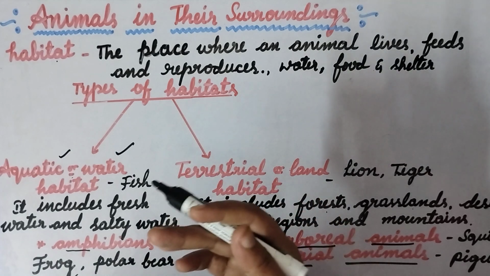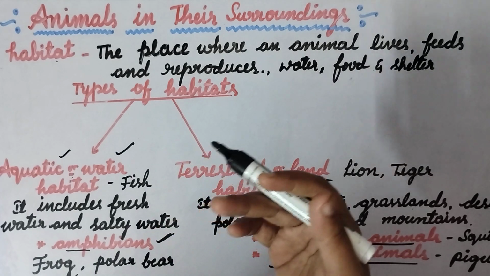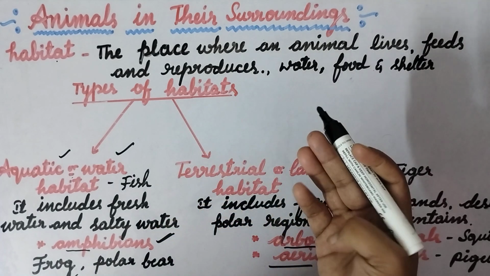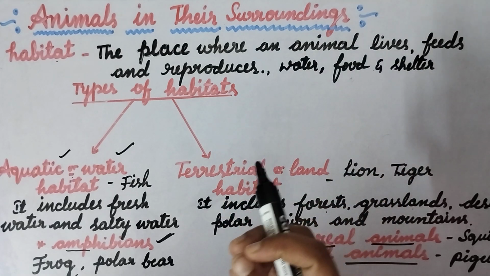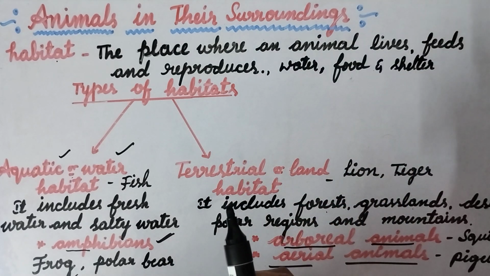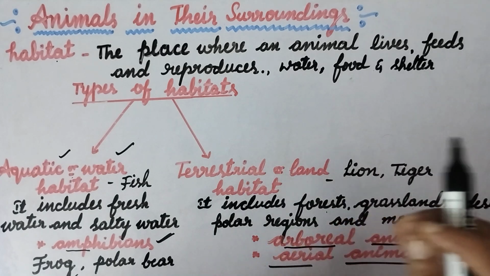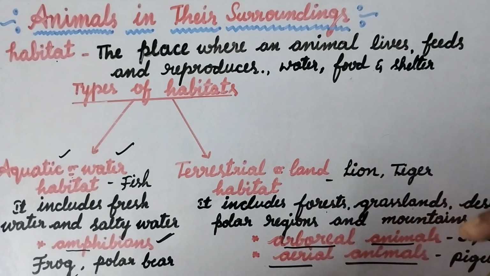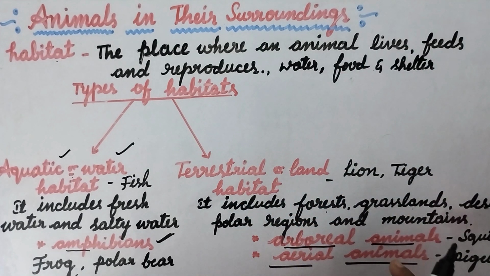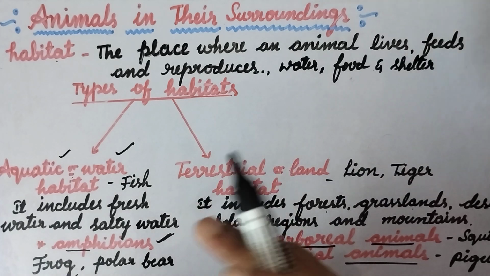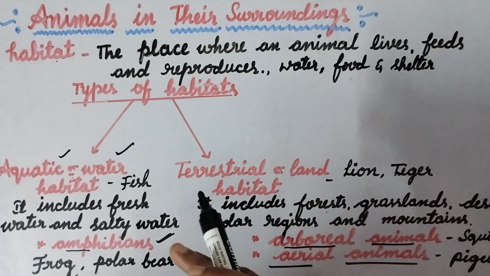Examples are birds, such as the pigeon, parrot and crane. These animals can fly, so they are called aerial animals. Amphibians are animals that live on land as well as in water.